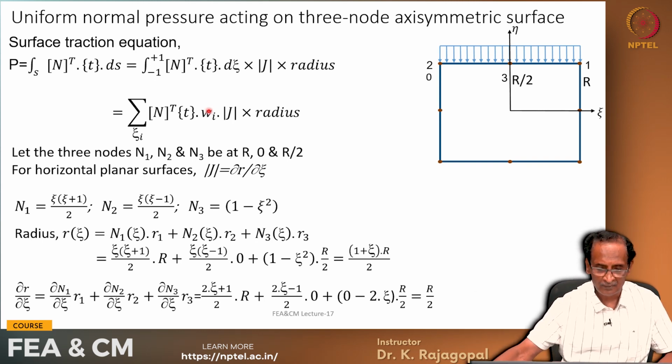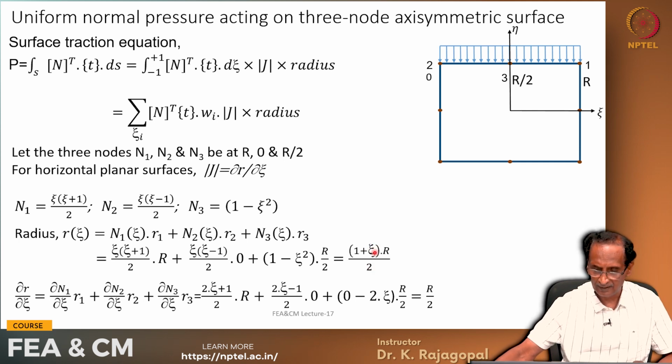Our N1 is xi times xi plus 1 by 2, N2 is xi times xi minus 1 by 2, and N3 is this, and our radius can be written in general as N1 R1 plus N2 R2 plus N3 R3, and that comes out as 1 plus xi times R by 2.